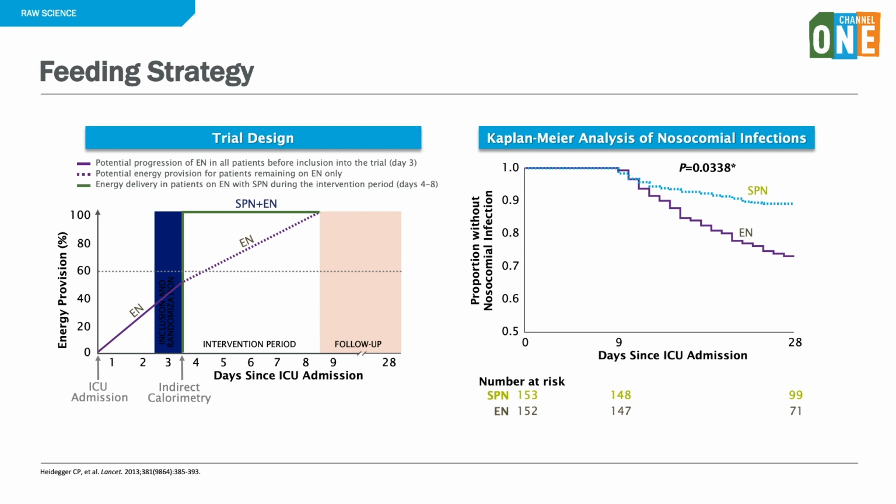When you use this strategy, you see an impact on nosocomial infection, and your patient will have fewer complications when admitted to your ICU. And your ICU patients are the most fragile ones, so these are really the patients where you need to individualize in order to have the best outcome.